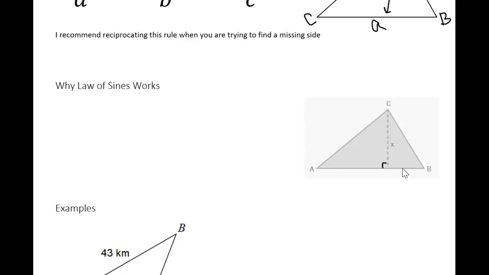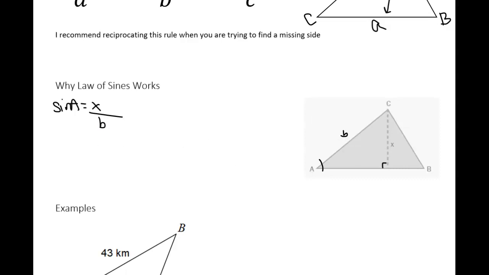If we're looking for a ratio, we can identify that sine A is equal to x over the hypotenuse of this right triangle, which as you can see is across from angle B, which makes it side little b.